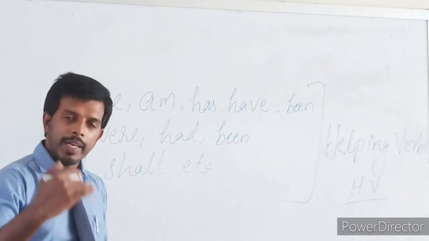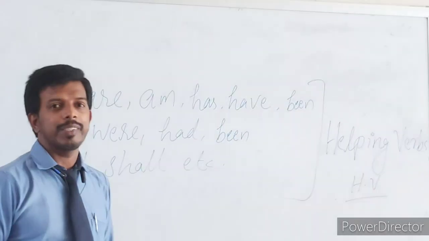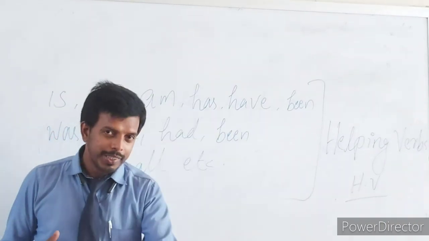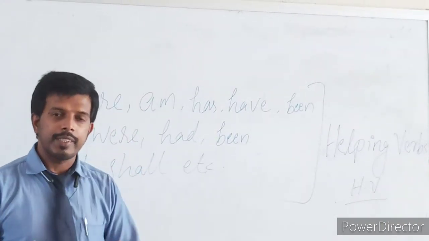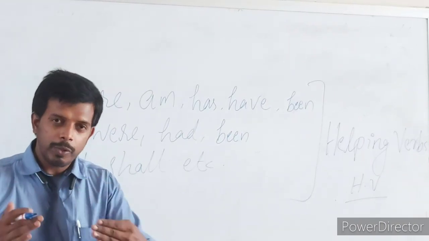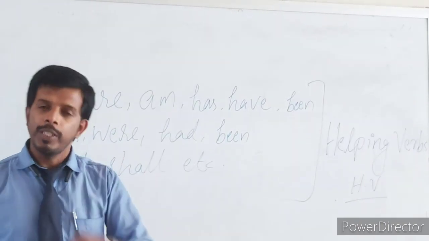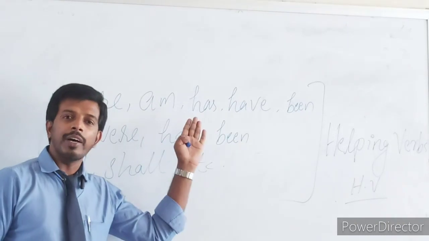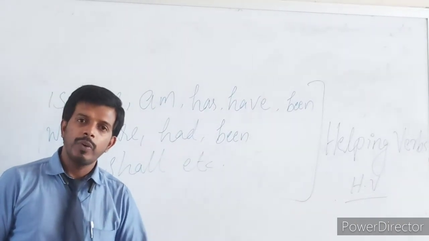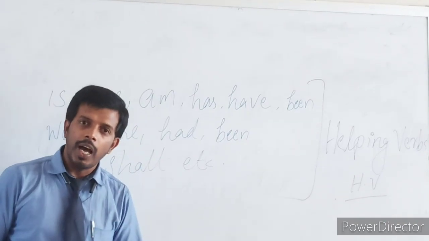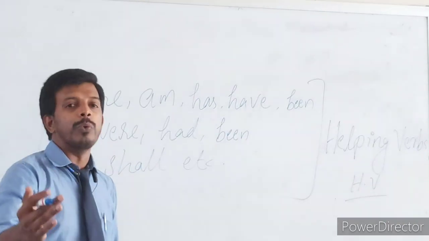When we go through the examples of all these 12 tenses, you might have noticed that out of the 12 tenses, a maximum 10 tenses already have helping verbs built in them in the forms of is, are, was, were, has, have, had, been, shall, will, and so on.